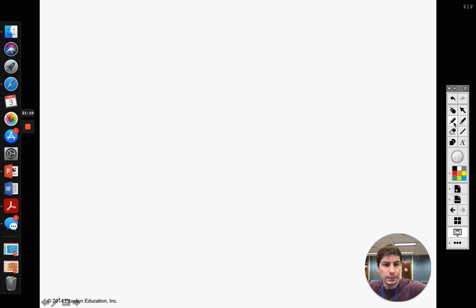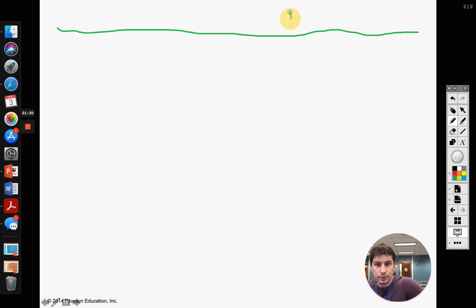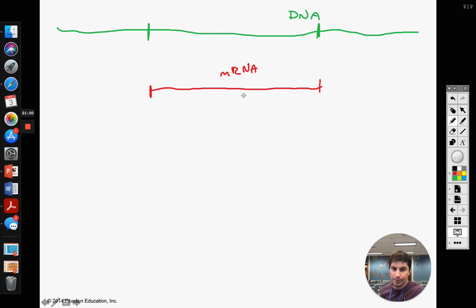I'm going to shorten this a lot, so don't think it's this short. But let's say this is our DNA. Let's say this area to this area right here is what we're going to need to make our protein. So what we're going to do is take that area out. And that is going to be our mRNA.